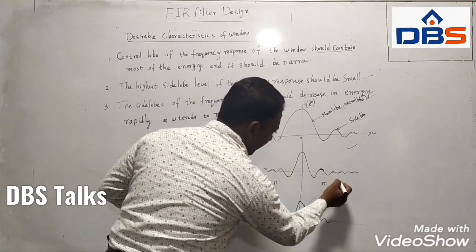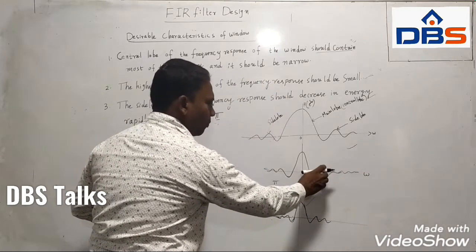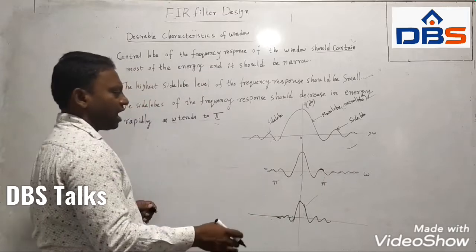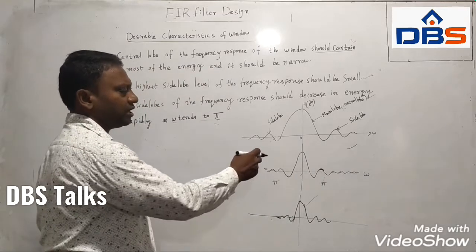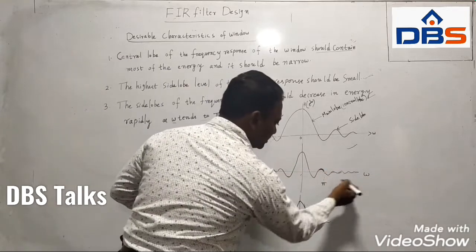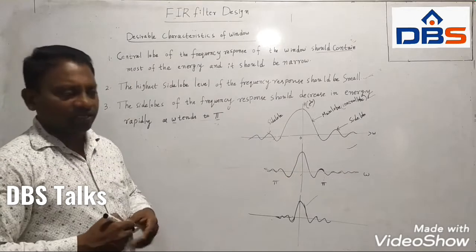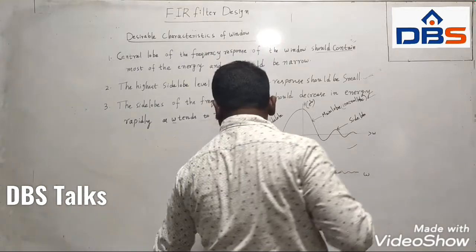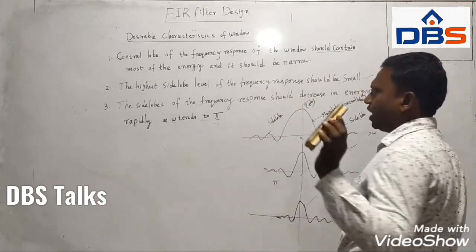You assume that this is 0, this is pi, somewhere here, and on this side it is minus pi. What is the meaning of this? The energy of the side lobes must reduce very fast. As omega tends to pi on the omega axis, the side lobe amplitude must reduce to a very, very small value, and finally, as omega reaches pi, it must be 0. These are the desirable properties of any window technique to design FIR filters.